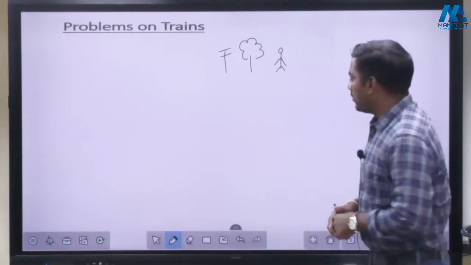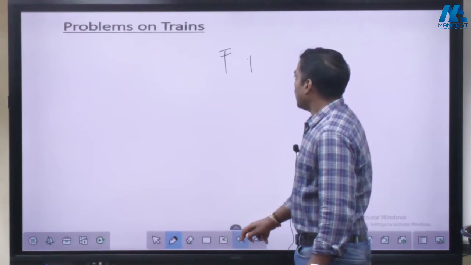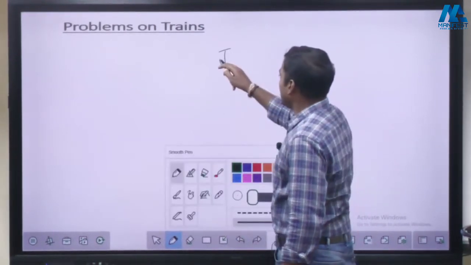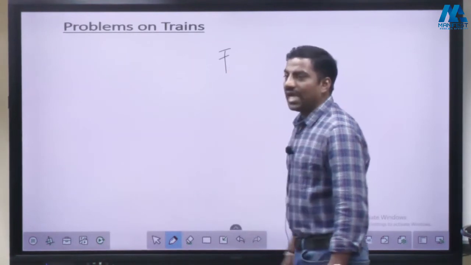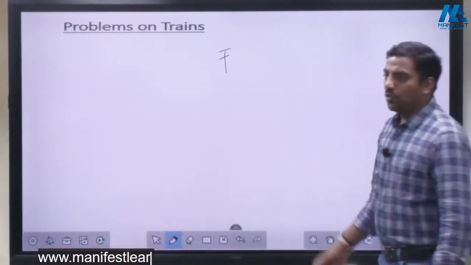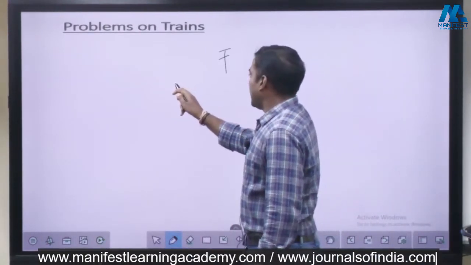So I'll give you the job of calculating the time required by a train to cross this pole. And let's say this is the train.